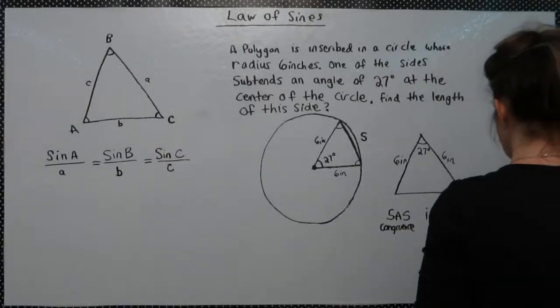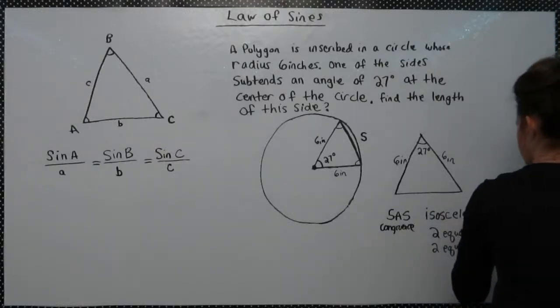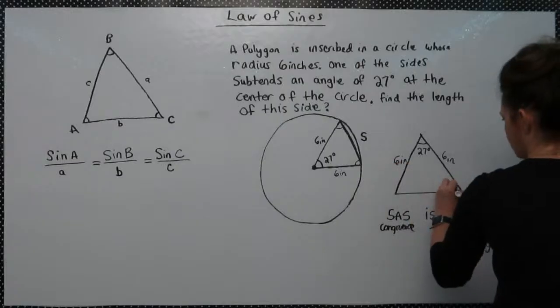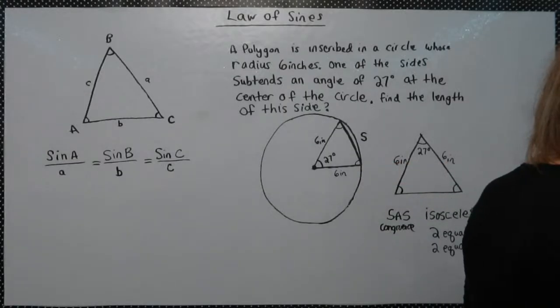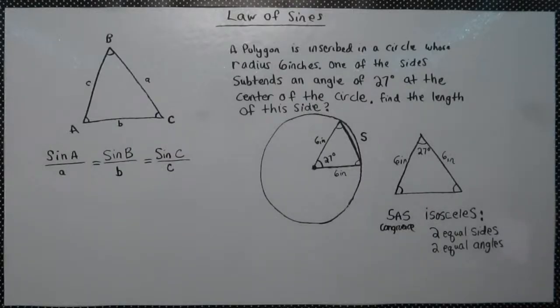And that's the definition of isosceles. So with that, the angles opposite to these radii will actually be equal.